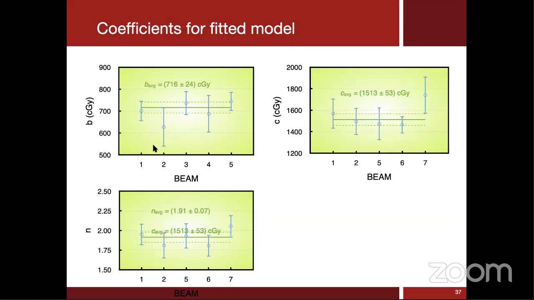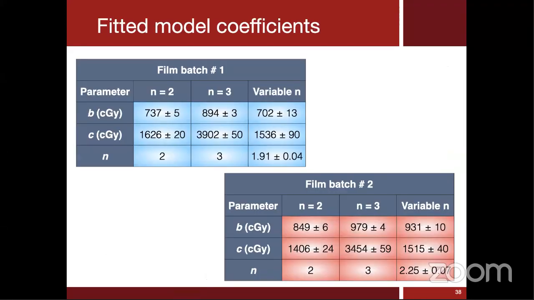This is one coefficient, this is another coefficient, and so on. So at the end, we got this table of the coefficients depending on the fitting model that we're going to use, where we have also established uncertainties for these coefficients.